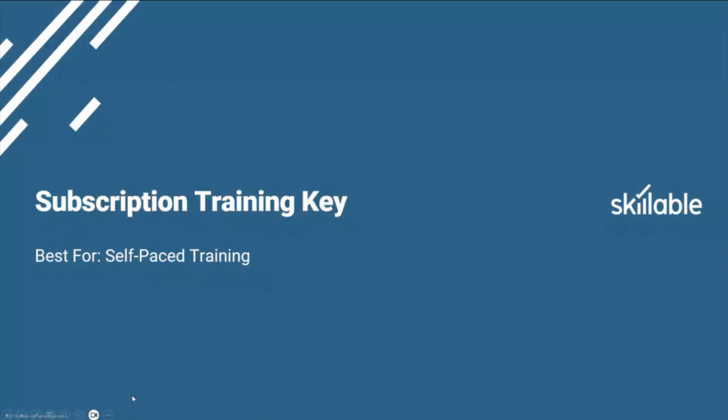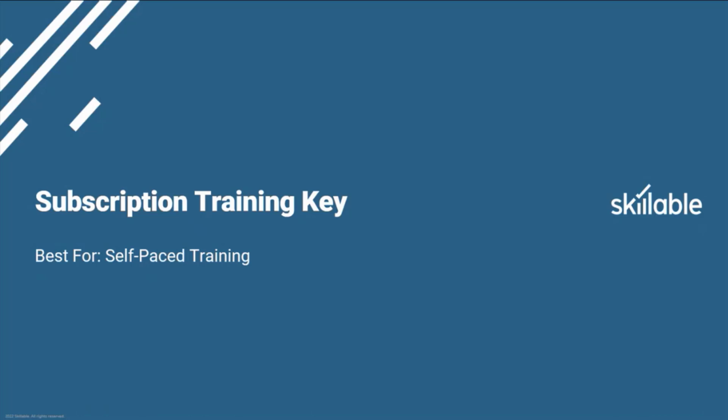And then finally, what's the difference between your training key pool and your subscription training key pool? While they are both best for self-paced, they are two different things. A training key pool is simply for a singular course, and it is course specific. A subscription key allows the student to have access to a subscription that you are providing them.